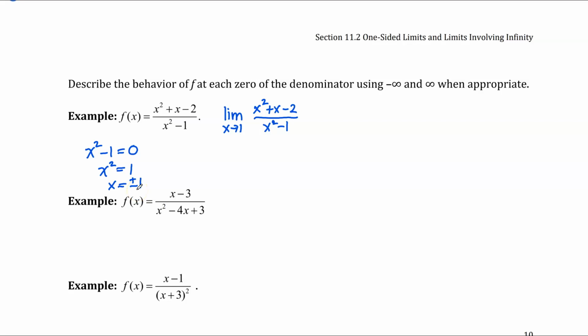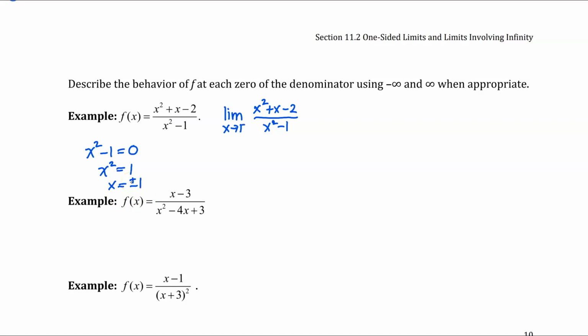So since our function is undefined at that particular value of x, then when we evaluate the limit, we would be looking at the left-hand side and the right-hand side of these values of x here. Our function is defined at the left-hand side or the right-hand side of these values.